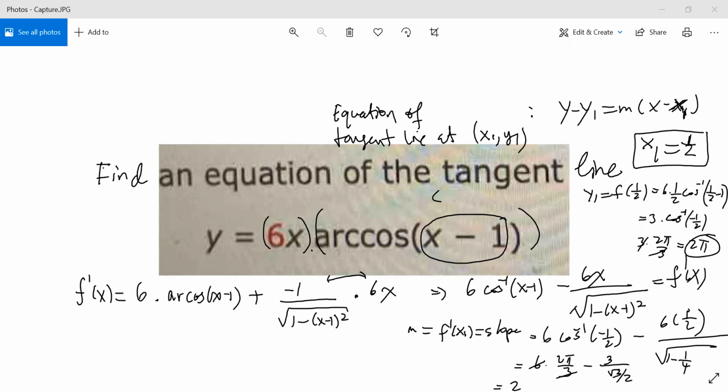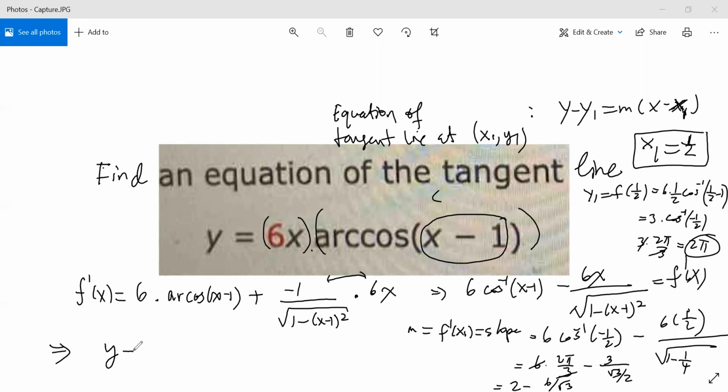So that's 4 pi minus 6 over root 3, and you can simplify this if you want to. So what I'm trying to say here is, this number you can adjust it, it really doesn't matter.